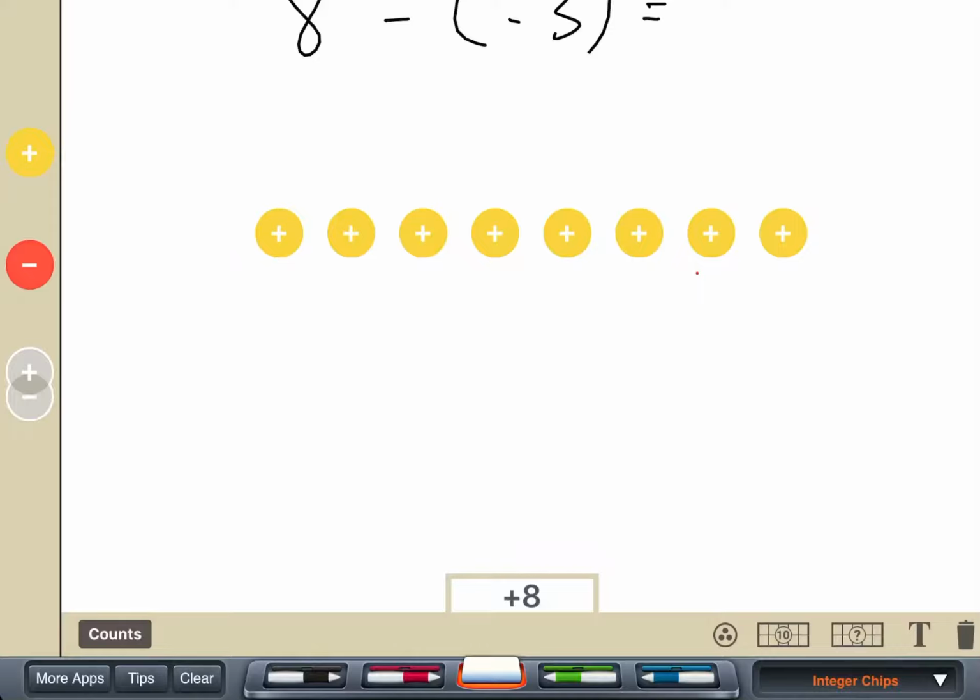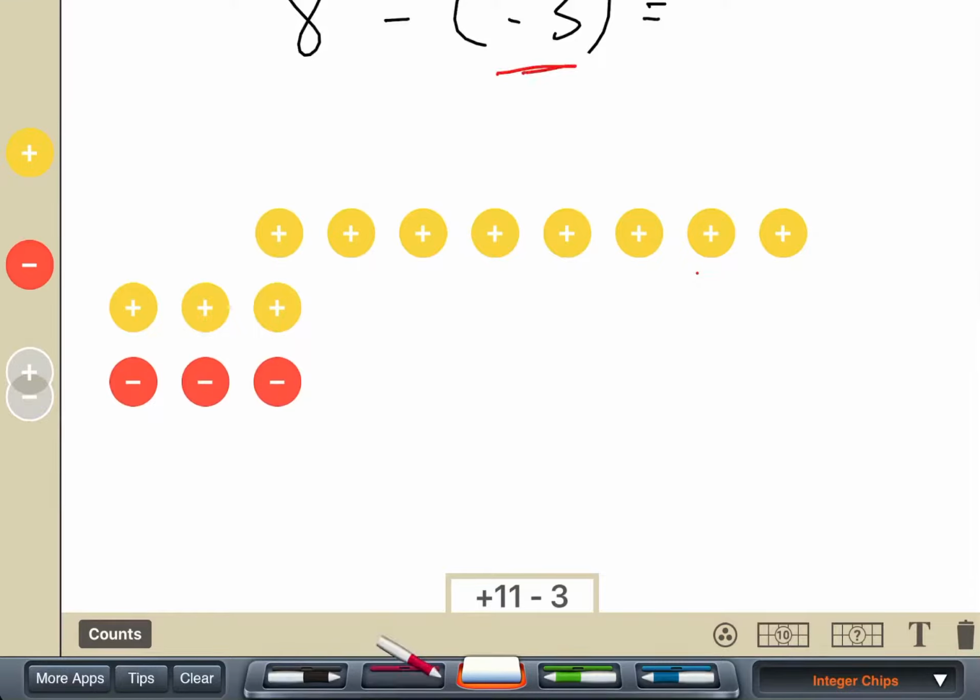What should we do? Dun, dun, dun, dun! Add the zero pairs. 1, 2, and 3 zero pairs. And once we do this, we have 3 negative counters that we can now take away.